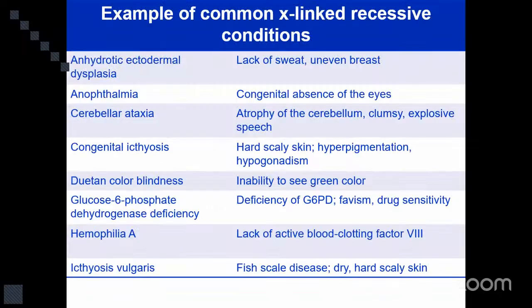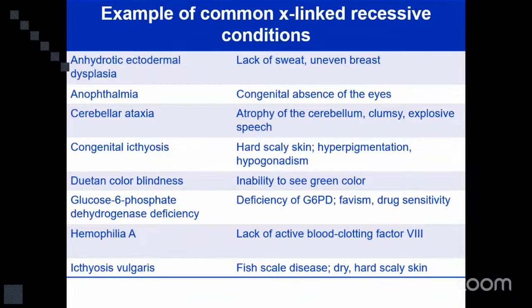Classical examples of these conditions are listed here. Anophthalmia, congenital absence of the eye, where the eye completely failed to develop. Cerebellar ataxia, atrophy of the cerebellum, with clumsy, explosive speech and movement. Congenital ichthyosis, which we saw earlier on, with hard, scaly skin, hyperpigmentation, hypogonadism.